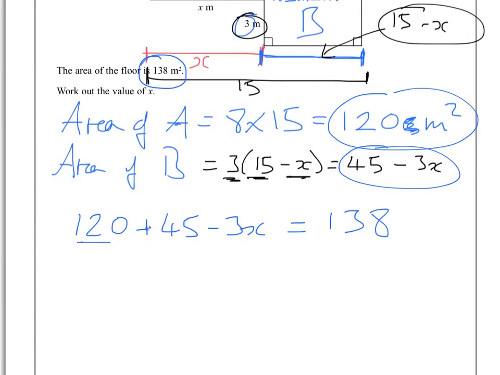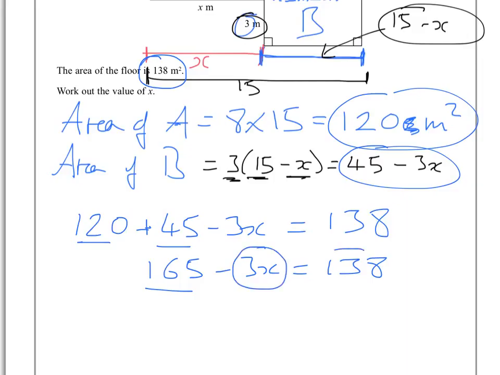So 120 add 45 is 165 minus 3x equals 138. 165 take away something is 138. Well, you can work that out however you like, but we're going to end up with an answer of 27. 27, do I mean 27? That sounds a bit strange. I think we do mean 27.